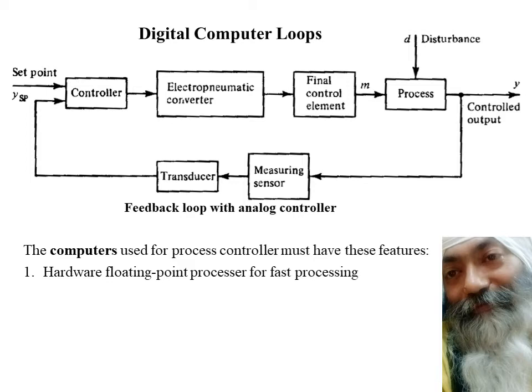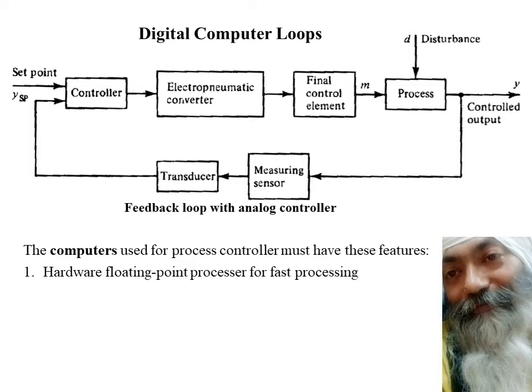We just cannot go in for the slower processing because we are sampling the inputs at a very fast rate, and then we are processing these inputs at equal fast rate. We are outputting them at the same fast rate, and this processing and outputting must be done before the next sample comes.